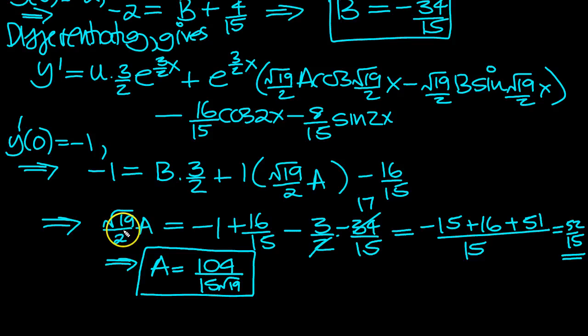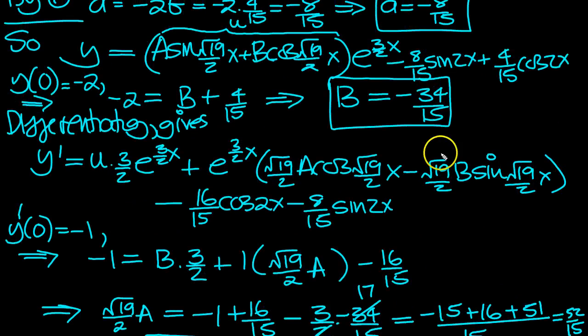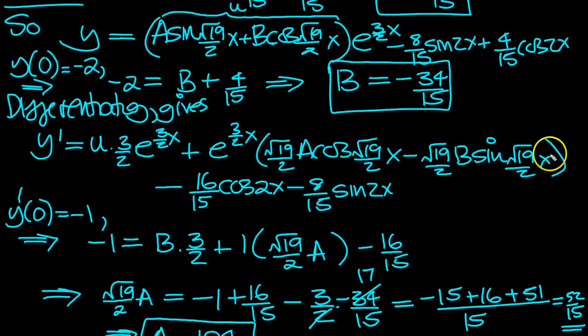So root 19 came down, the 2 came out to be with the 52. That's A. So that's the end of the problem, really. I'm not going to write down the long-winded solution. Here's a solution: the value of A we determined from here was 104 over 15 root 19, we put it in there, and the value of B is minus 34 over 15.